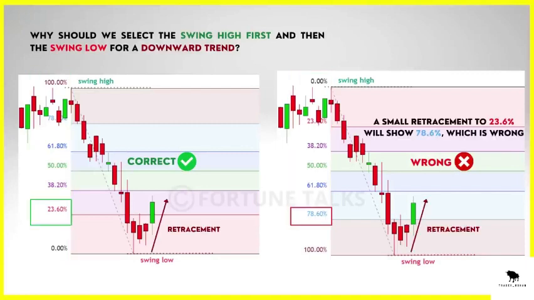And so, a small upward retracement will now show a 78.6% retracement, which is not really true because it is actually just a 23.6% retracement. So it is important that you follow the correct way of drawing Fibonacci levels.